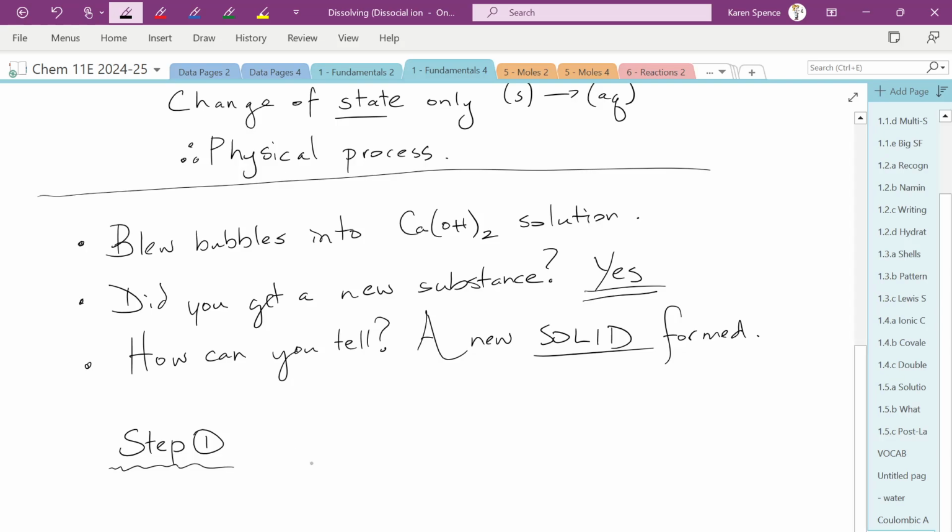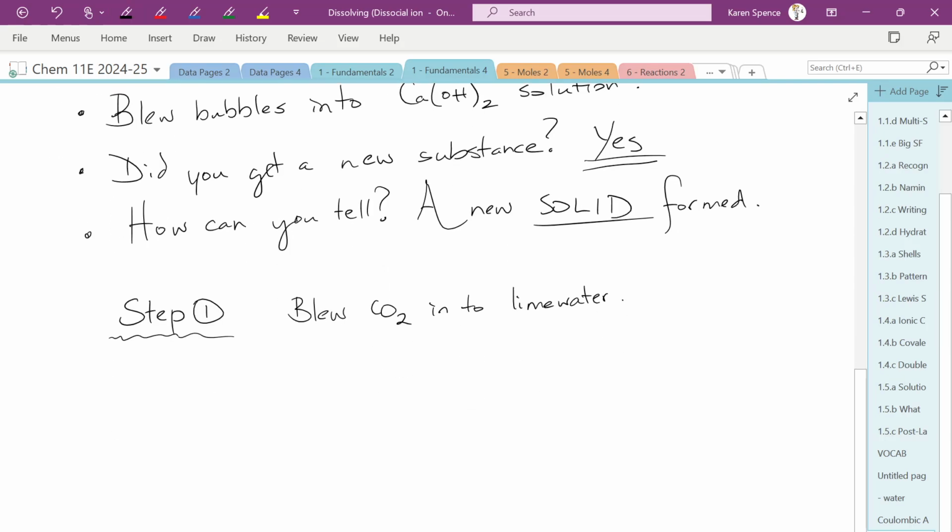Carbon dioxide. And remember, what is lime water? It's just a Ca(OH)2 solution, okay?